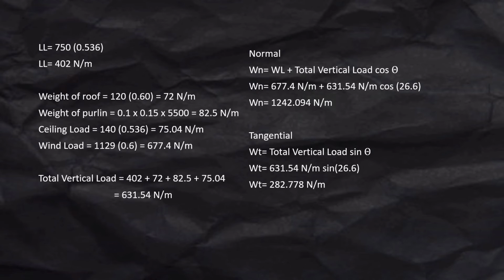Newton per meter. The total vertical load is yun nga yung dead load plus live load plus the weight of purlins. So, 402 plus 72 plus 82.5 plus 75.04. Yung 75.04 is ceiling load, which is yun din, vertical load din siya. Kaya ito equals sa 631.54 Newton per meter.